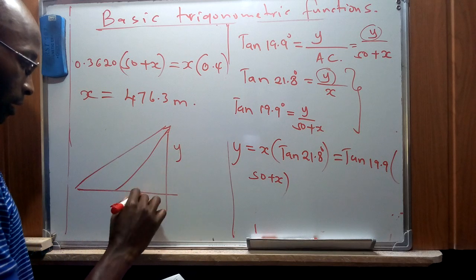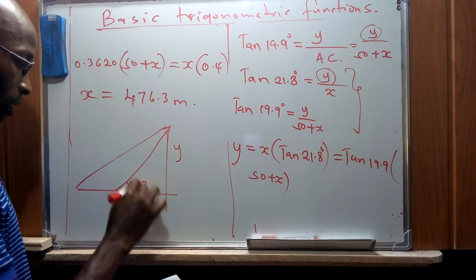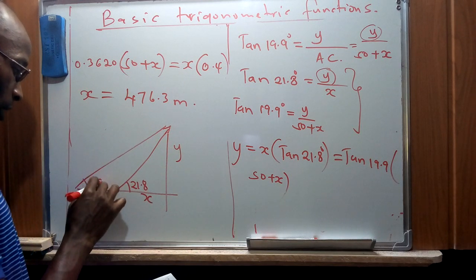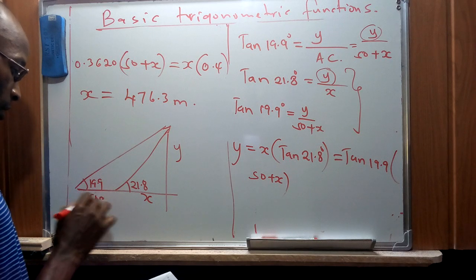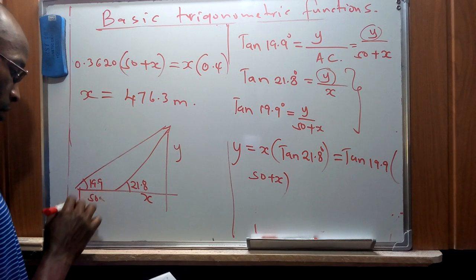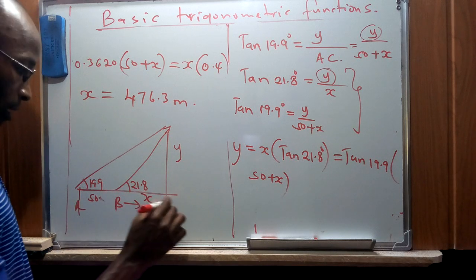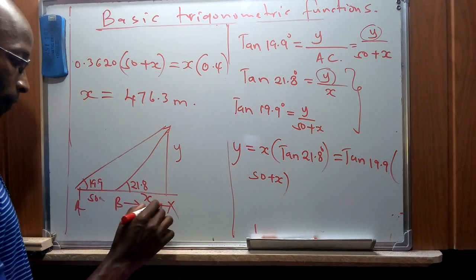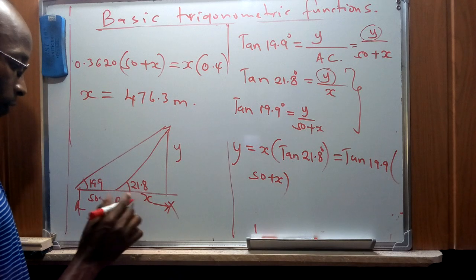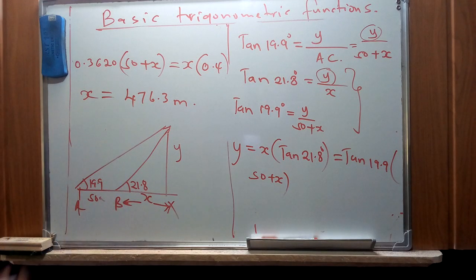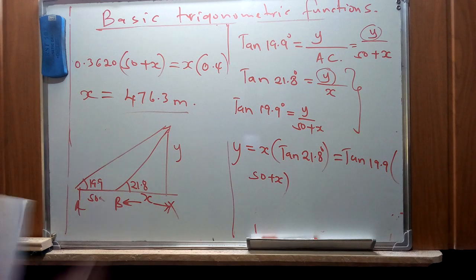So this was y, x, 21.8, 19.9, 50 meters from A to B, and then there was x, a distance that was x. So therefore we're going to see that the value for x is going to be 476 meters, and from that we can find the value for y by doing a substitution in either of the equations that we have done.